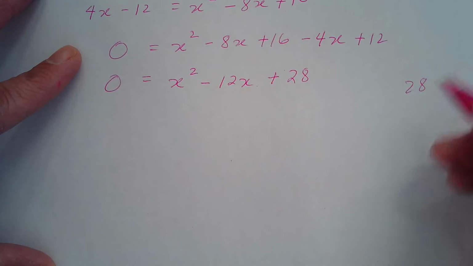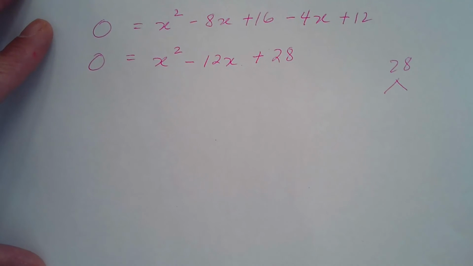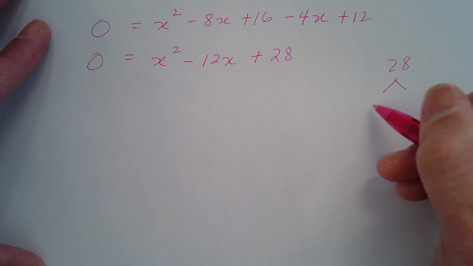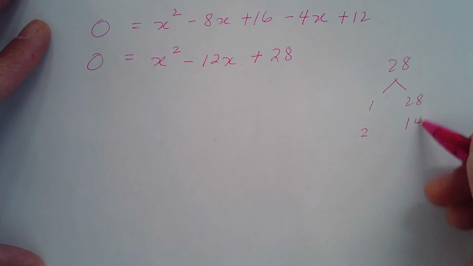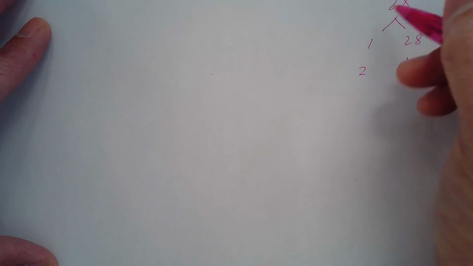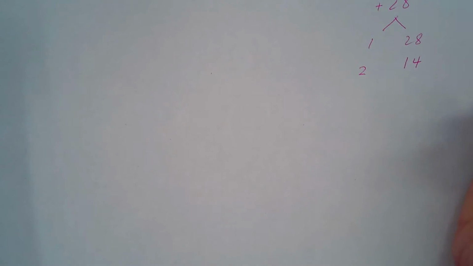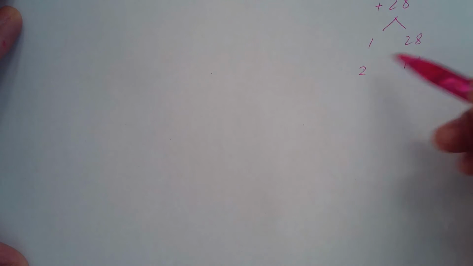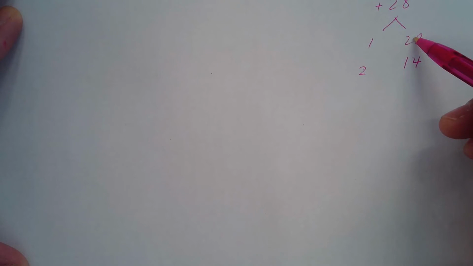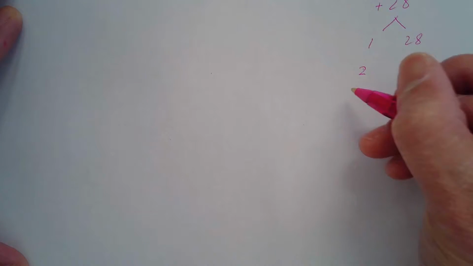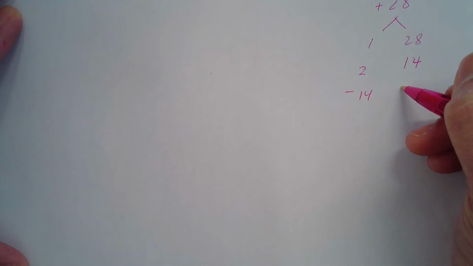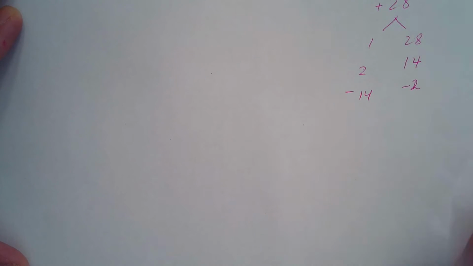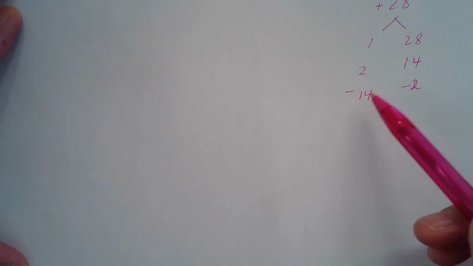So 28 would be 1 and 28. 2 and 14. Oh yeah, but it's plus. So it has to be all minus, right?